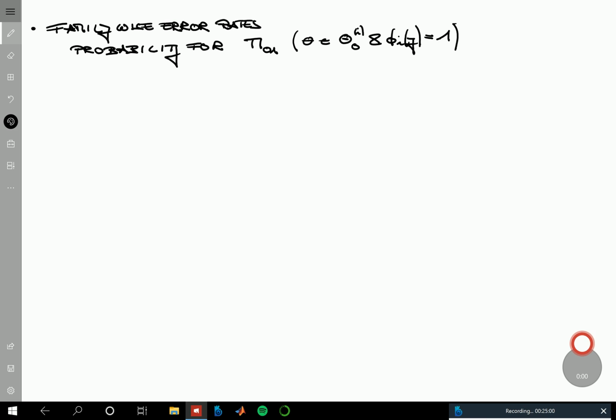The probability for M01 to be larger than 0.